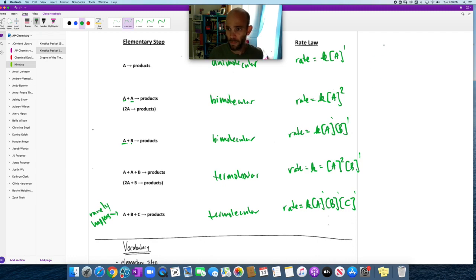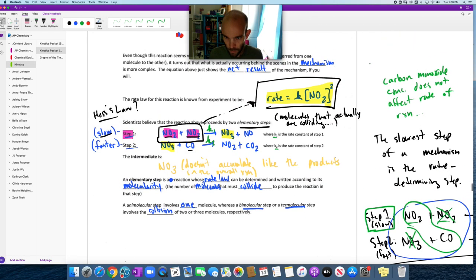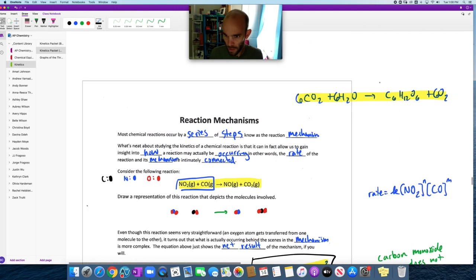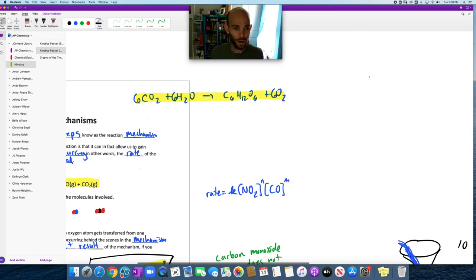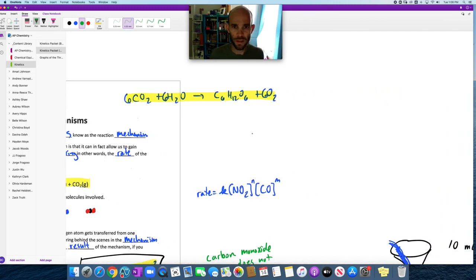So, you know, it's not possible, for instance, for us to look at photosynthesis and then just suddenly decide, oh, there's a 6 here and a 6 here, so therefore the rate law must be CO2 raised to the 6th power, H2O raised to the 6th power. Okay?